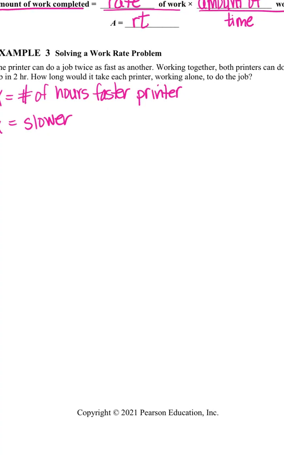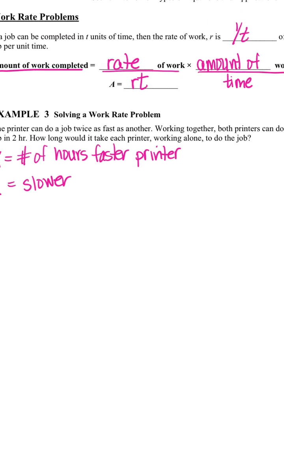Now, up here, it said if a job can be completed in T units of time, then the rate R is 1 divided by the time.